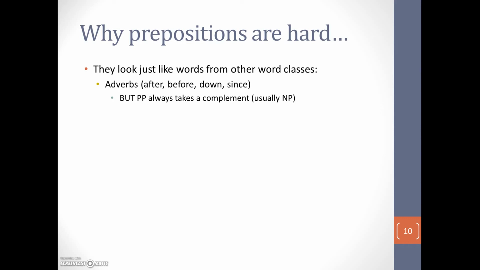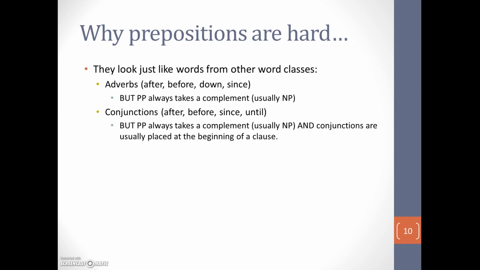One thing to keep in mind here is that a prepositional phrase, or a preposition, always takes a complement, and this is usually a noun phrase. So if you have one of these words and you're not sure whether it is an adverb or a preposition, if it's followed by a noun phrase complement, it's going to be a preposition.